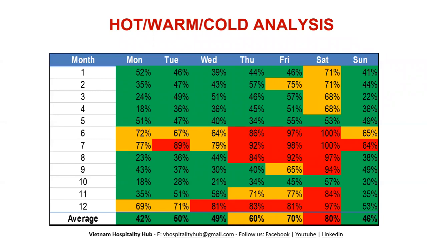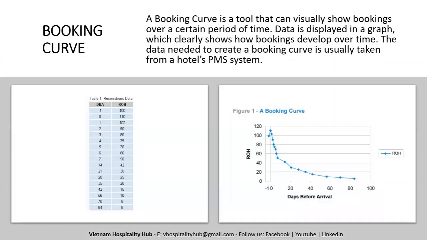I have a question regarding the booking curve. Why is it 84 days, not like 30 or 90 days? Okay, this one still depends on you, how you want to measure. In this case, people just put in 7 days.